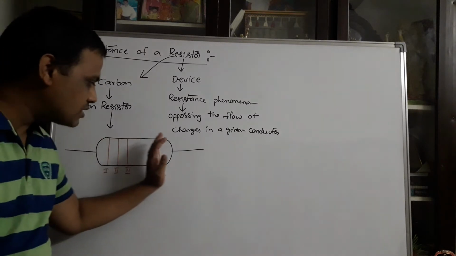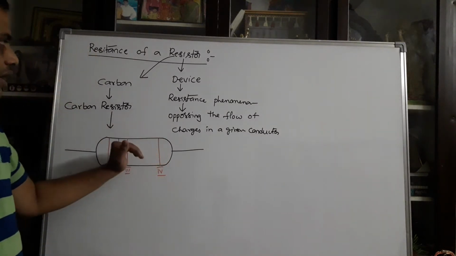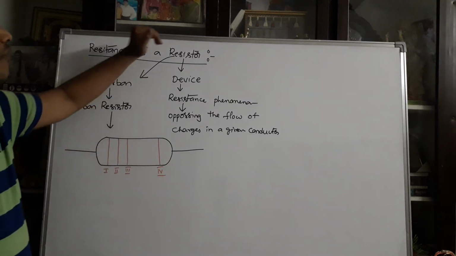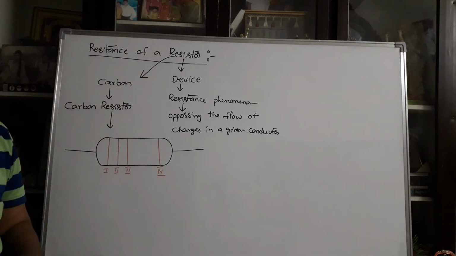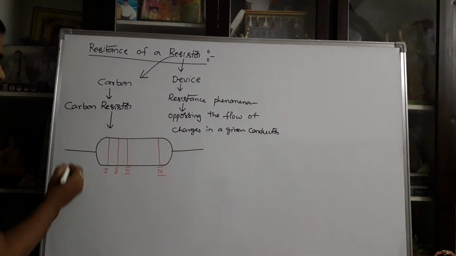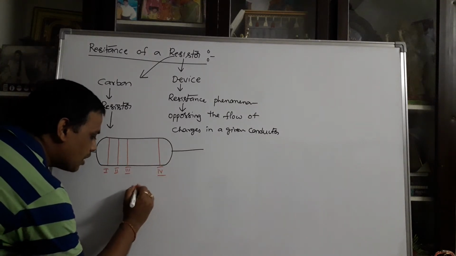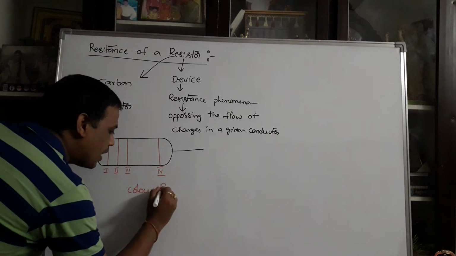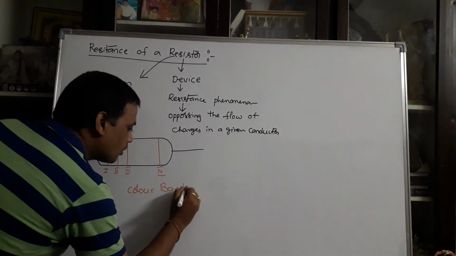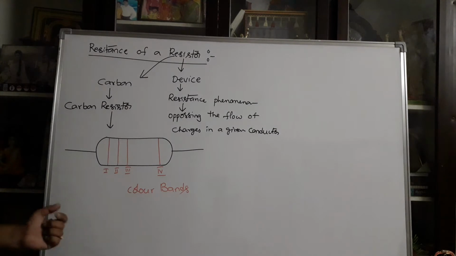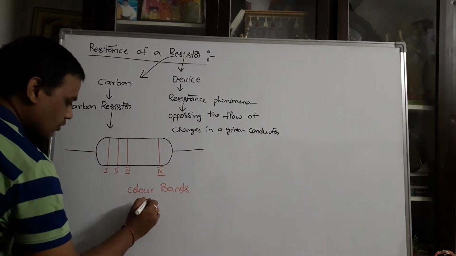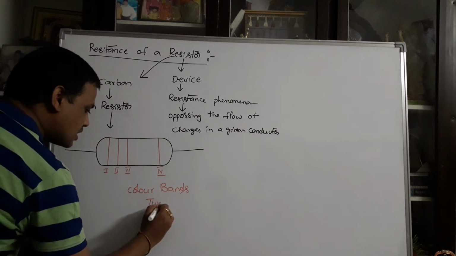Depending on these three color bands, you can give the value of resistance. By using these color bands, you can give two types of resistance values.